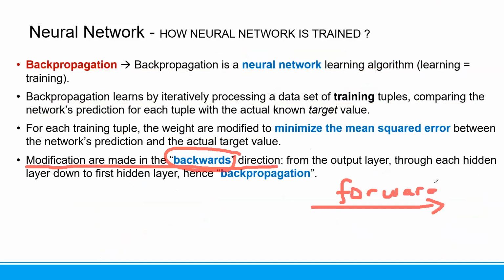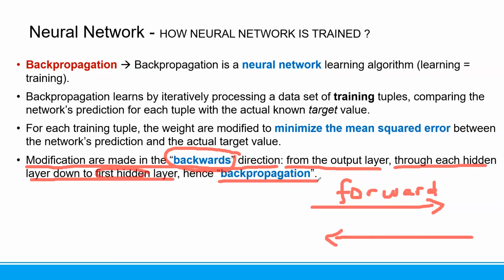The forward neural network means we start from the input to the output, but backwards goes from the output layer through the hidden layers down to the first layer. So we return back from the output layer and go to the first hidden layer. We call this backpropagation.